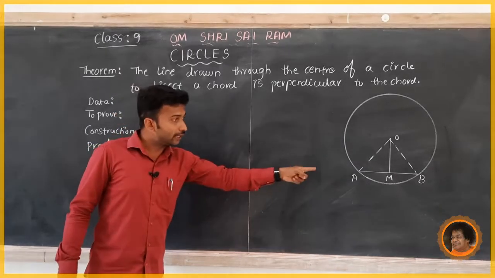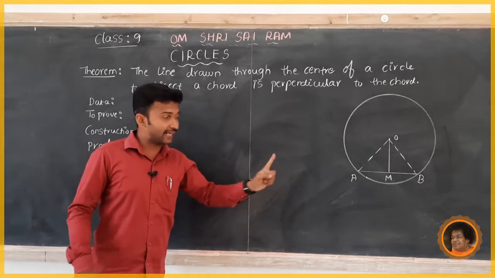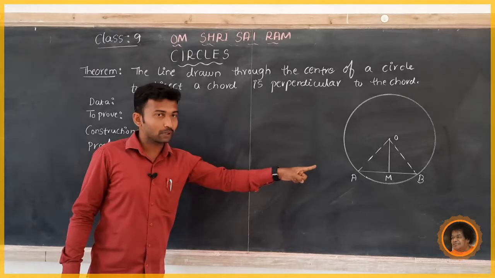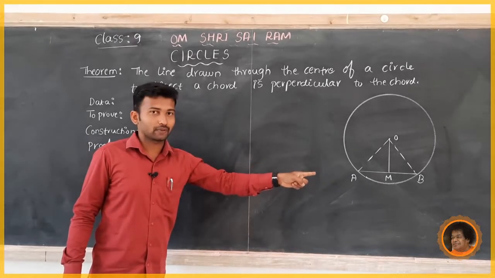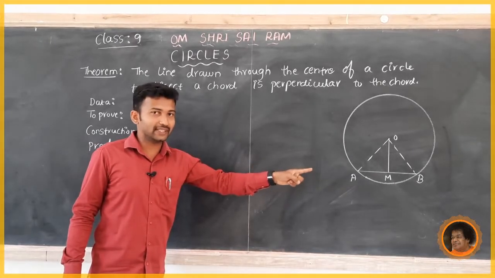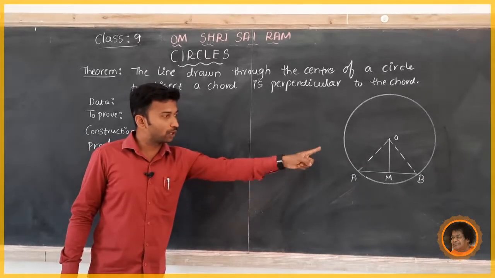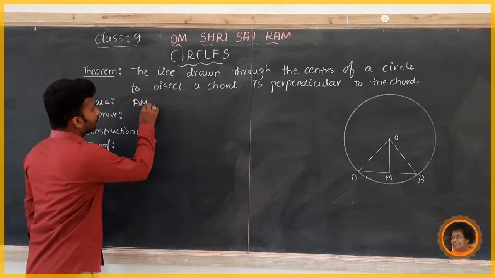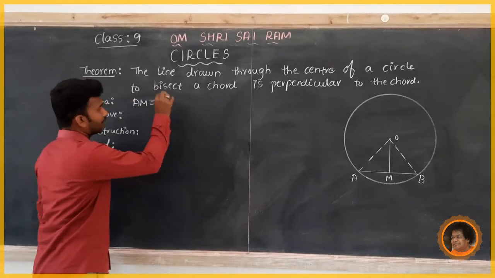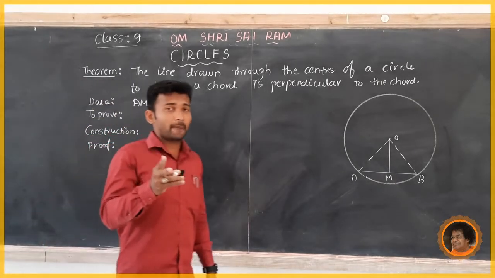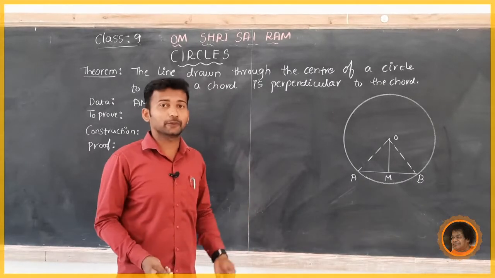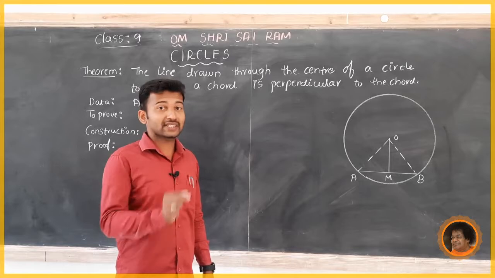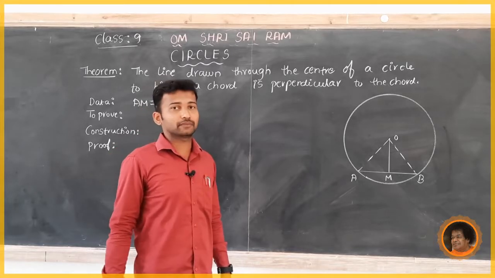So, if OM bisects AB, what is the answer? AM equal to BM. We need to write AM equal to BM. That is called data. Second step, what we have to prove? What is the question given in the theorem?